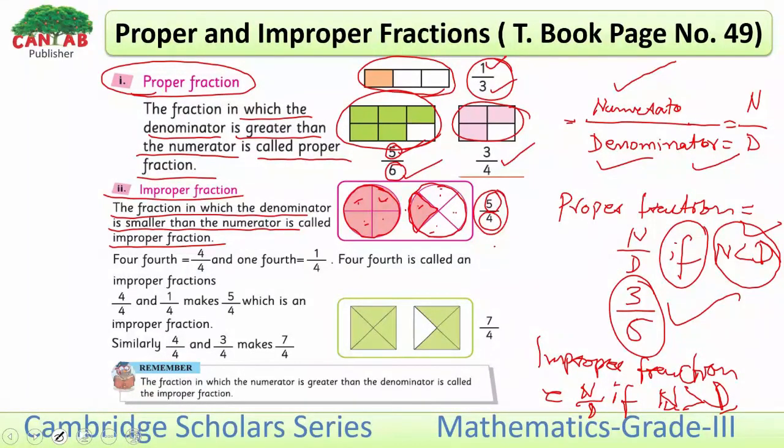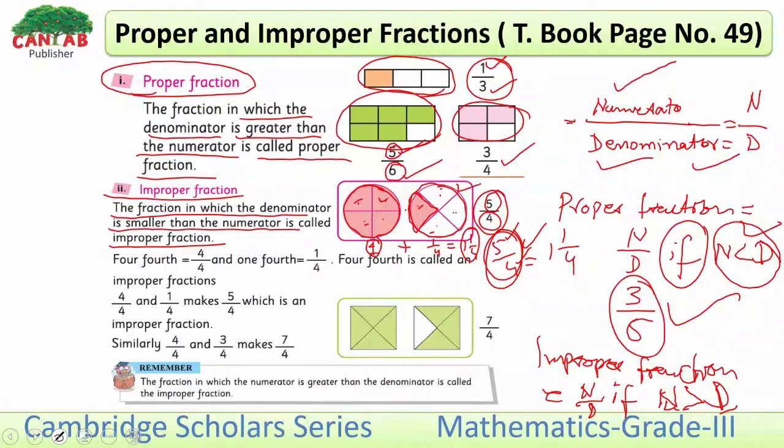So, we have 5 over 4. This is an improper fraction, or we can write it as a mixed fraction. 1 whole and 1 over 4. When we add this one, we have 1 whole 1 over 4. So, this is equal to 5 over 4. So, 5 over 4 is an improper fraction.